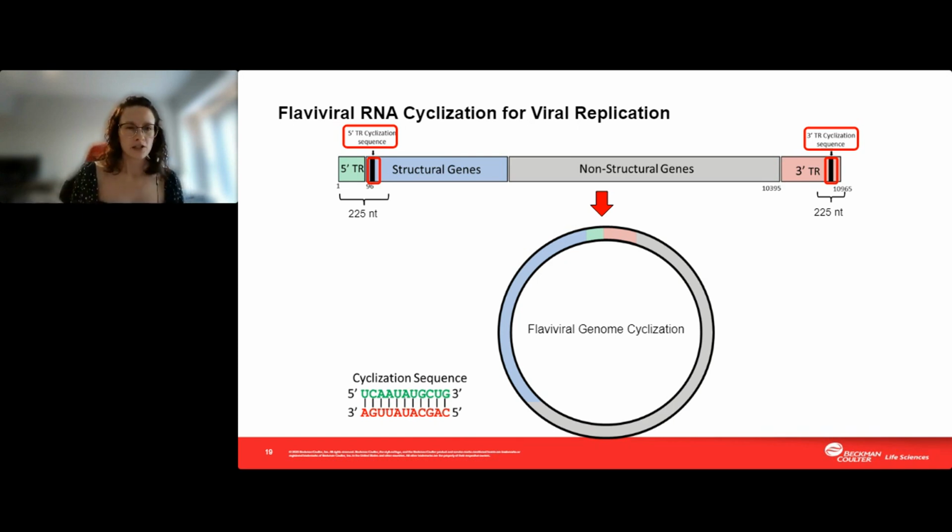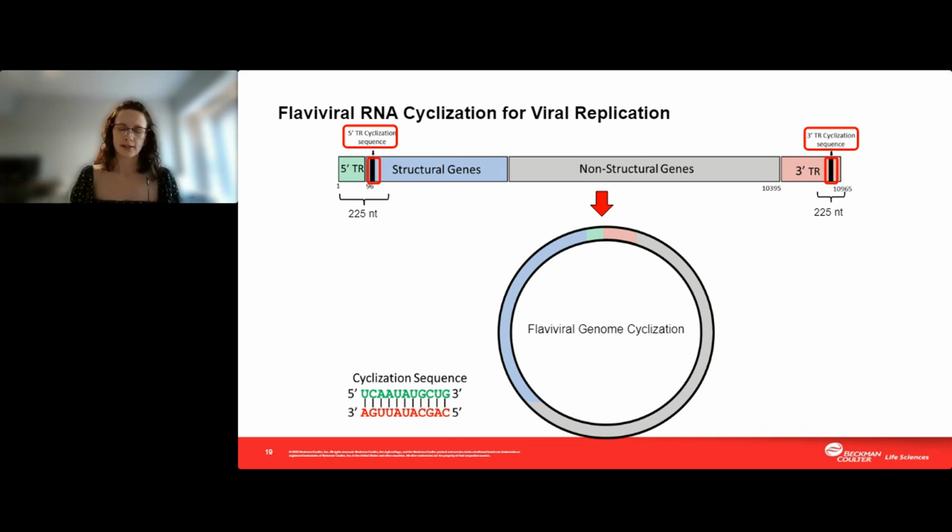The cyclization sequence is shown on our linear RNA strand at the top of the screen. Sorry, I don't have my pointer, but it's shown in the linear strand as those little black lines that are then highlighted in red to help show where the cyclization sequence is found.